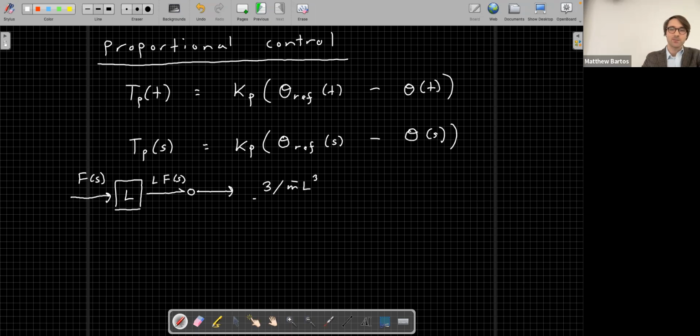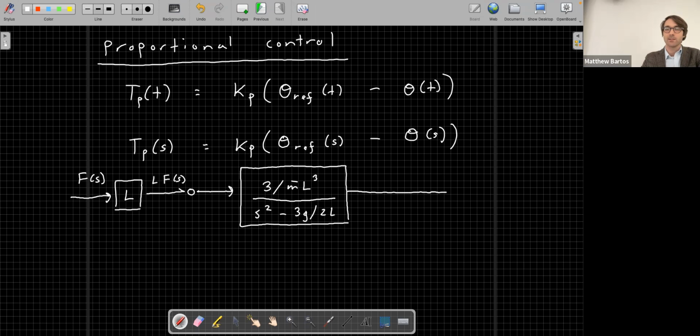So this is just the same transfer function as before, the transfer function of the uncontrolled scooter. That outputs the output of the system, which is theta of s, our angle in the frequency domain.